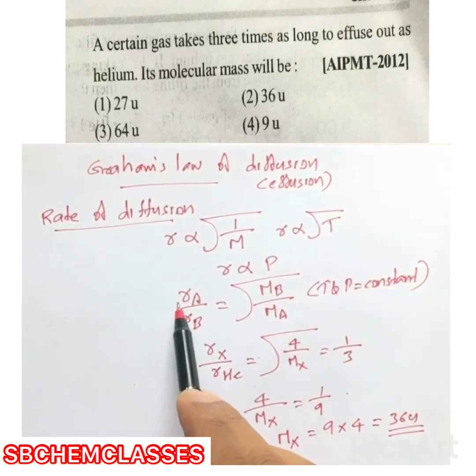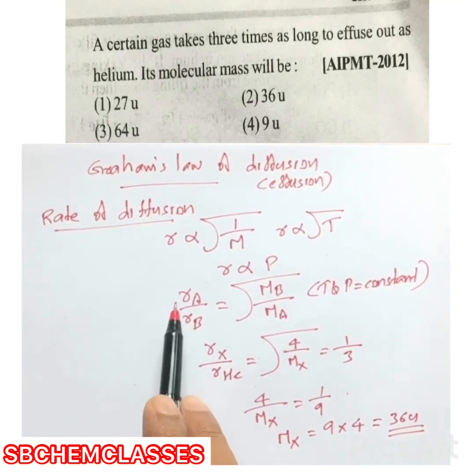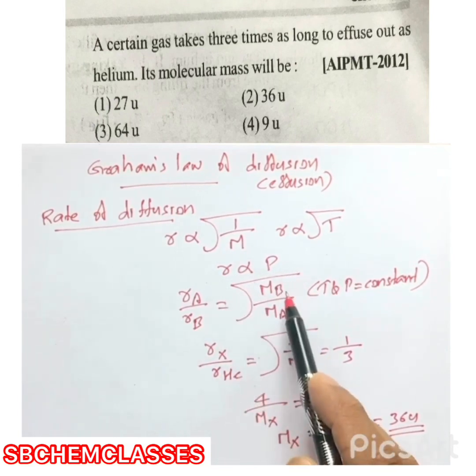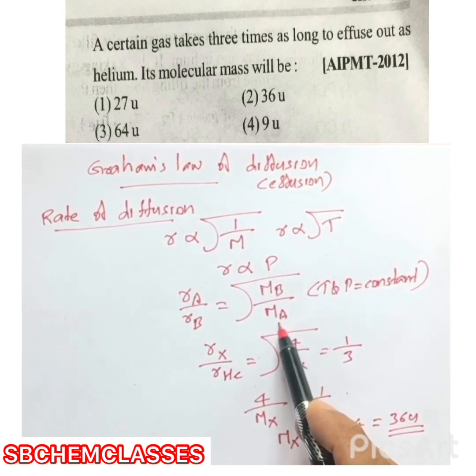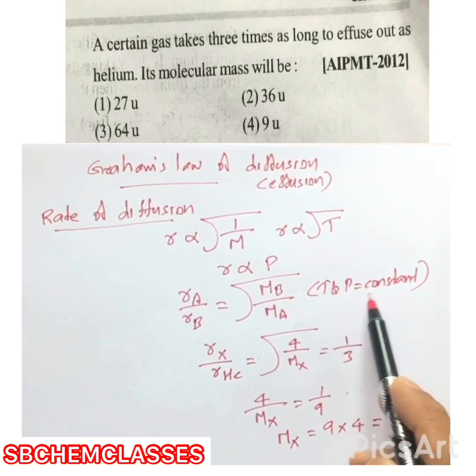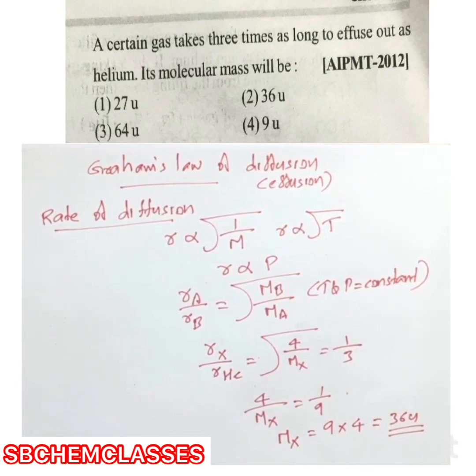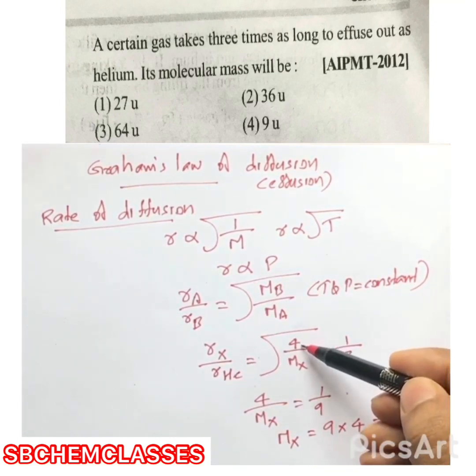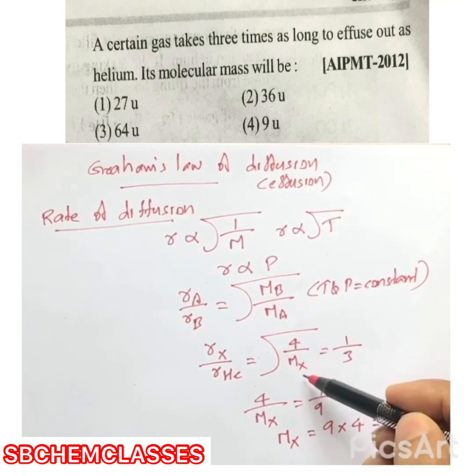So the rate of diffusion of two gases can be related as rate of A by rate of B equal to root of molar mass of B by molar mass of A, because temperature and pressure are constant. Here we are relating the rate of diffusion of an unknown gas with helium. So rate of X by rate of helium equals root of 4 by molar mass of X, where 4 is the molar mass of helium.